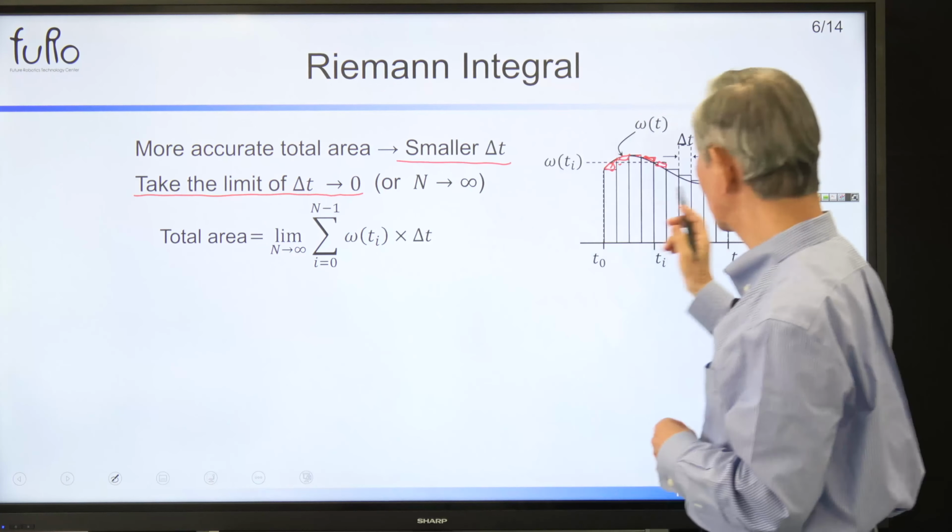So the notation here, instead of writing all of these again and again, limit and so on, is this here. And this one has a name, Riemann Integral. The famous mathematician Riemann came up with this integration. That's why this one is called the Riemann Integral.